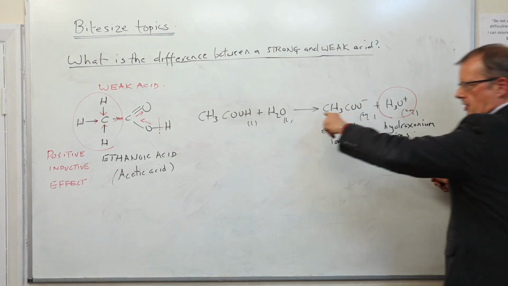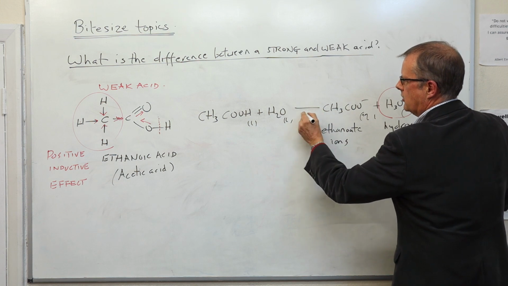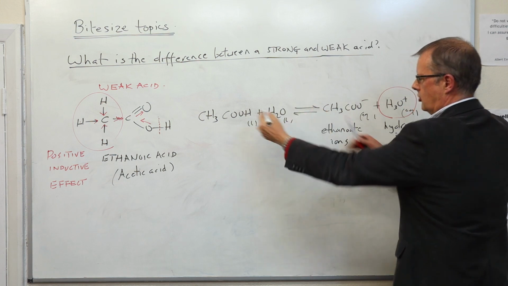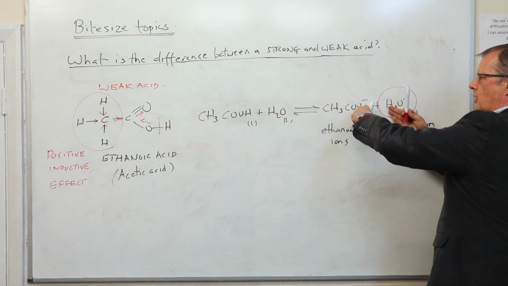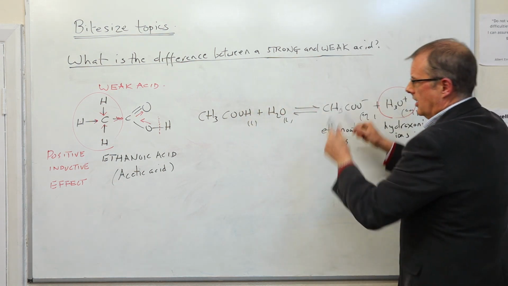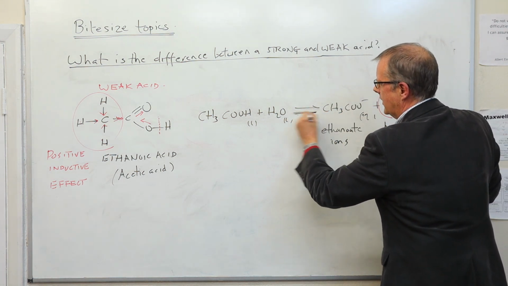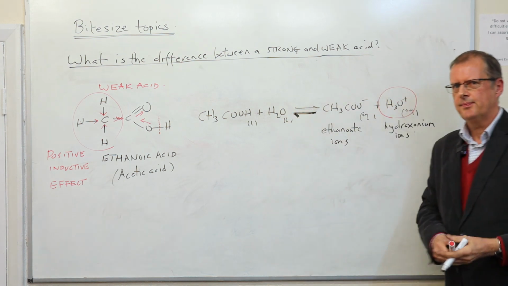Okay, now let me just talk about the equilibrium aspect of this. If I think of that as a reversible reaction, which has moved a bit this way or moved a bit that way, or not moved at all, that's what I'm saying. The truth about this reaction is that the equilibrium is significantly over on the left-hand side.